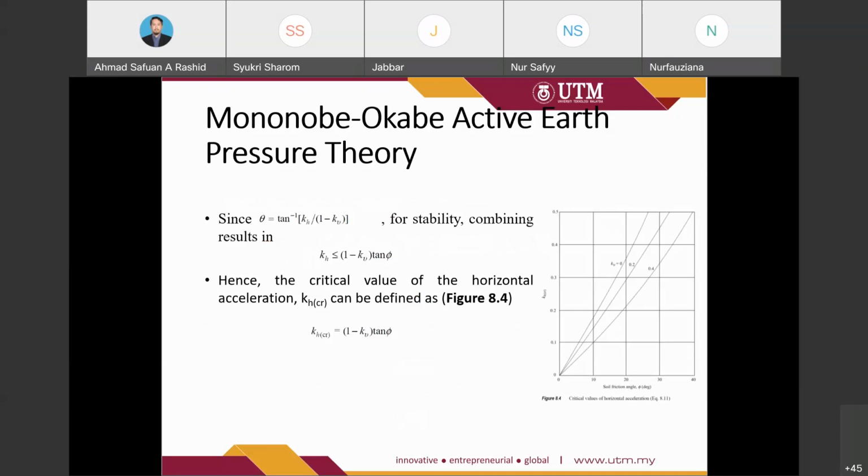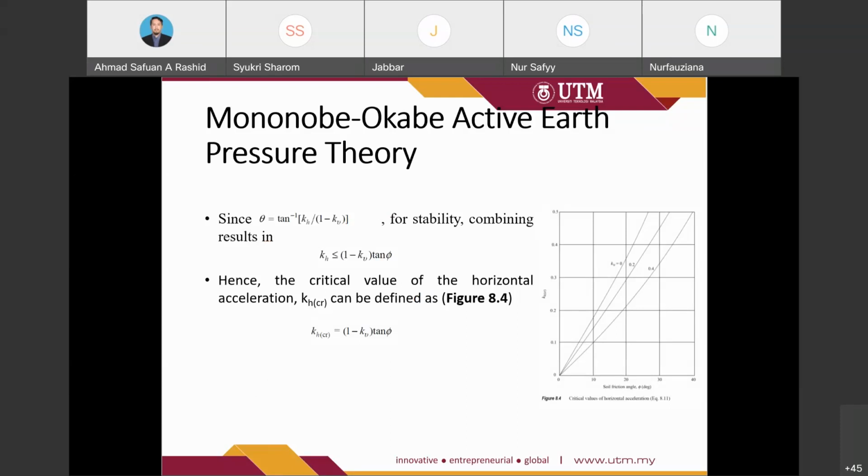So for stability, combining the results, KH is less than 1 minus KV times tangent phi. Hence, the critical value of the horizontal acceleration can be defined as in figure 8.4.